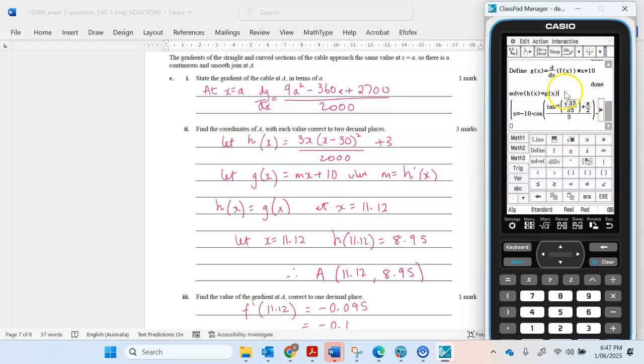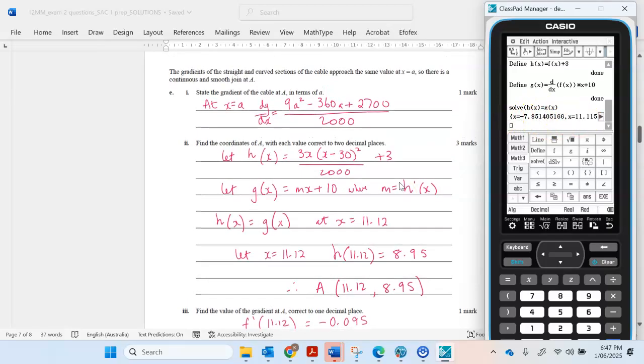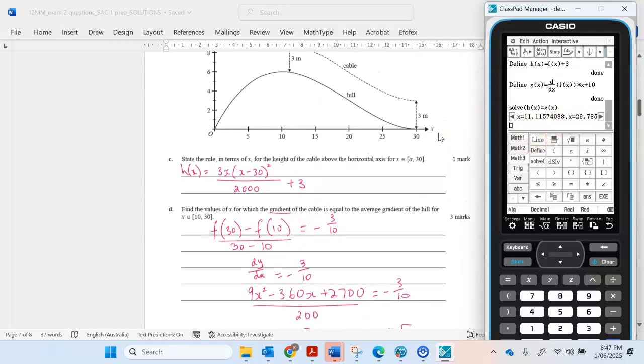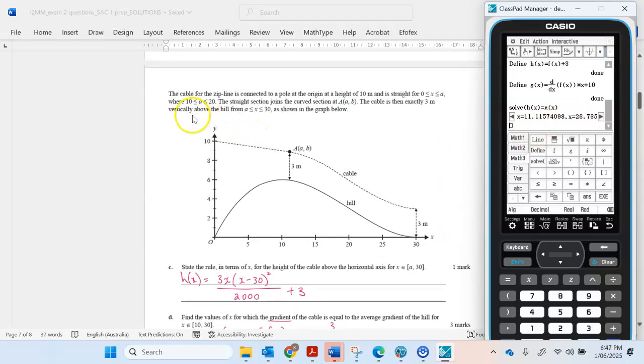And we get that, and I've got to take it out of standard mode. And we get different x values. Remember, we do have a set domain, so we don't want this first value, so we're taking this second value. A was between 10 and 20 from memory, so we can't take that value there.